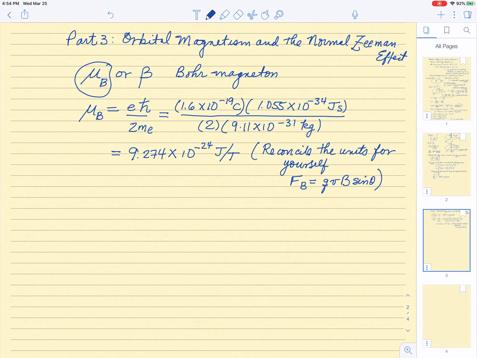So if we look at the angular momentum along the z direction, so if we're going to look at just the L z component of the angular momentum, then mu sub z is going to be equal to e over 2 m sub e times L sub z.